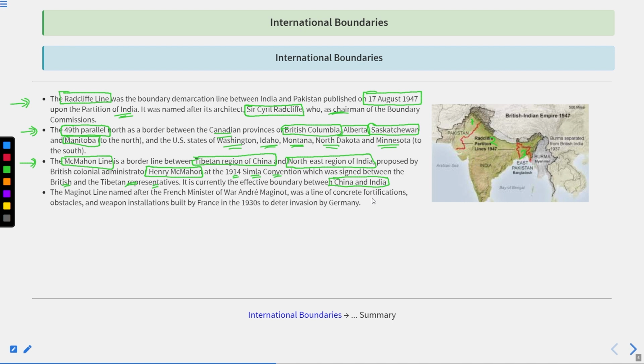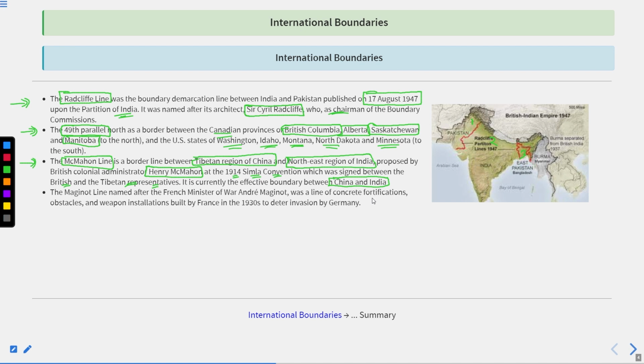Okay. So this McMahon line was actually the boundary line defined between India and Tibet, sorry, not China at that time. Later on in 1948, when China acquired the Tibet region, it became the line between India and China.